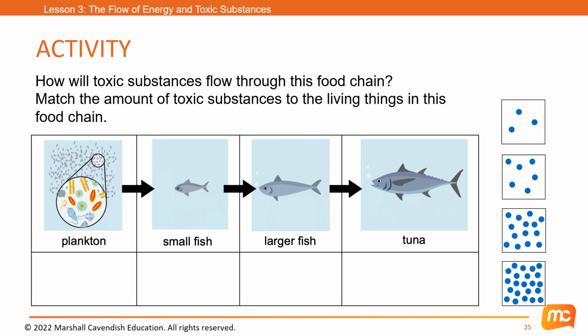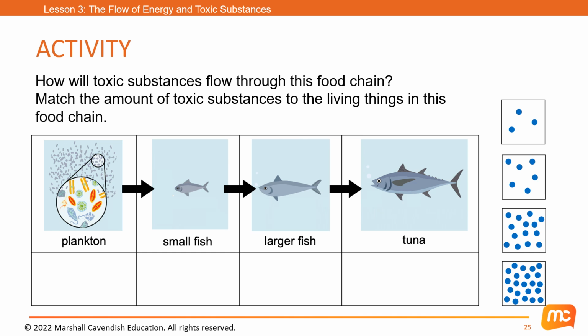How will toxic substances flow through this food chain? Please match the amount of toxic substances to the living things in this food chain. The amount of toxic substances should increase in this order. The plankton is eaten by the small fish, right?